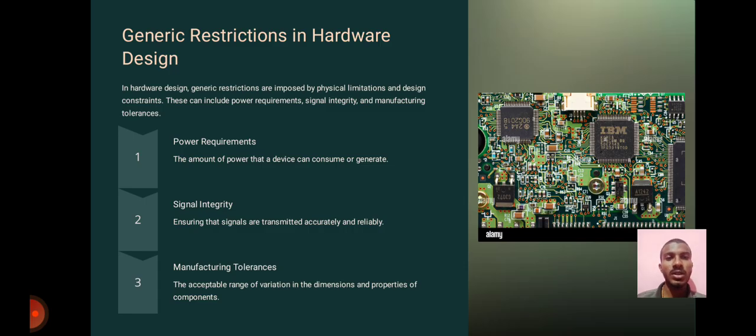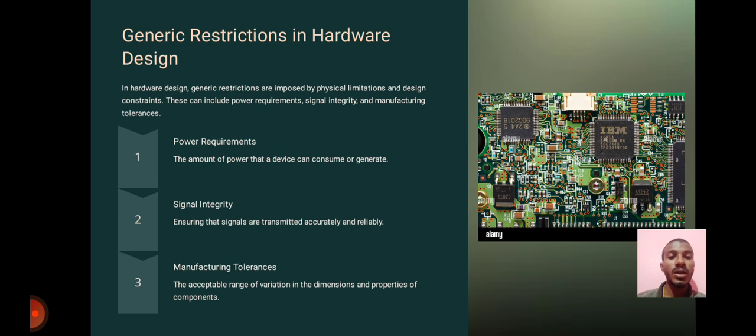General restrictions in hardware design. In hardware design, general restrictions are caused by physical limitations and design constraints. These can include power requirements, signal integrity, and manufacturing. Power requirement: the amount of power that the device can consume or generate.